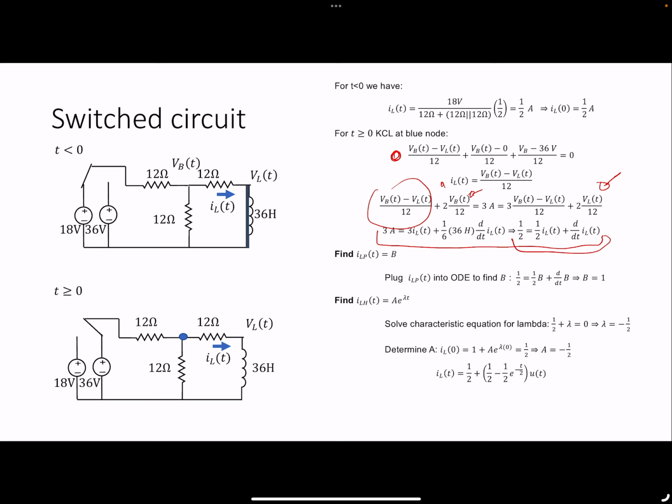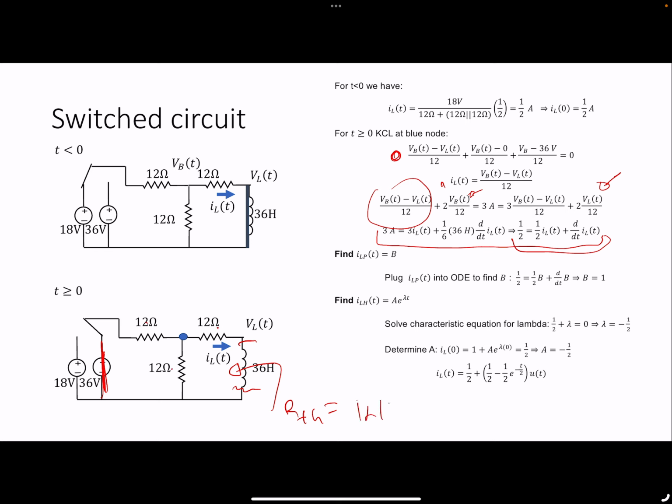Okay, so there's also a second approach, which is the source transformation approach, which basically you can sanity check by finding what R Thevenin is looking into here. So remember, you would short this. And so R Thevenin looking into would be this one in parallel with this one plus 12.